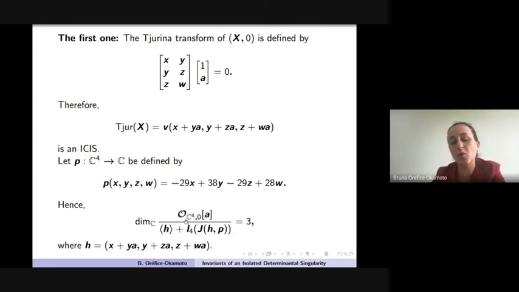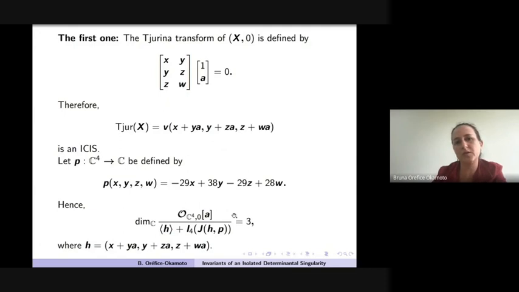Now, this is local in x, y, w, and z, and global in a. Here, H is this ideal, and JHP is the Jacobian matrix of this plus this. I took the minors of size 4. And then this is 3.